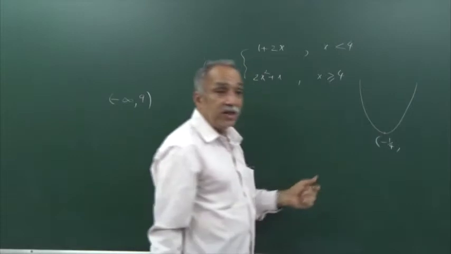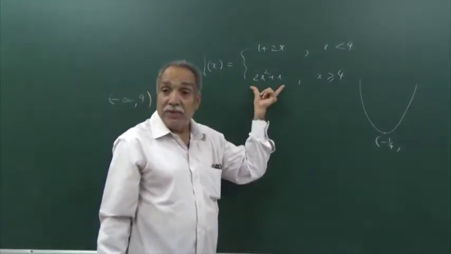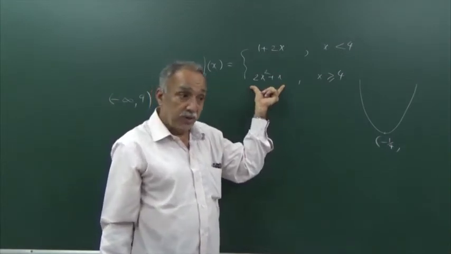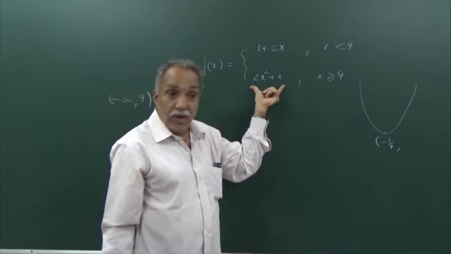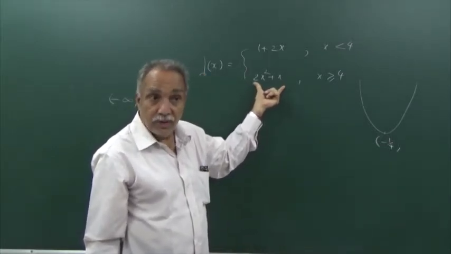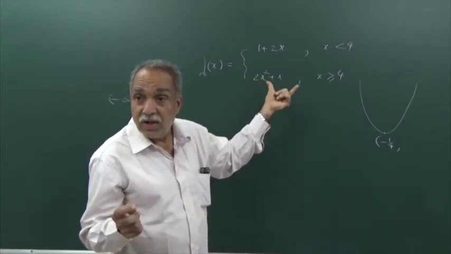When x is minus 1 by 4, the y coordinate will be, apply the value minus 1 by 4 in this, 2 into 1 by 16 minus 1 by 4, 1 by 8 minus 1 by 4, minus 1 by 8.